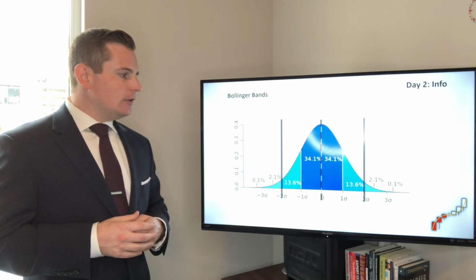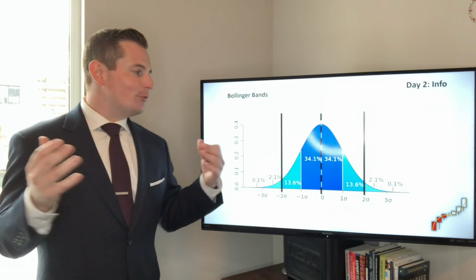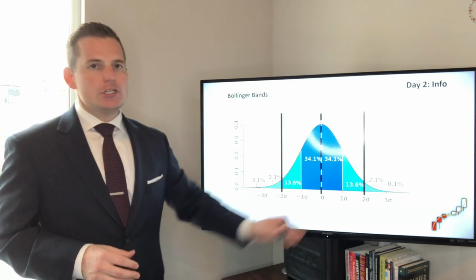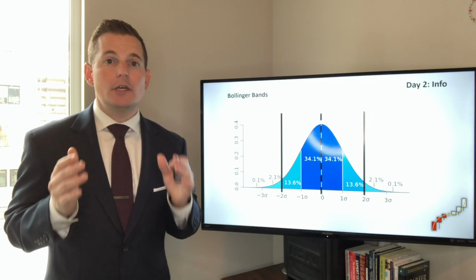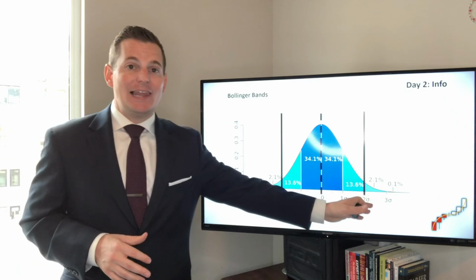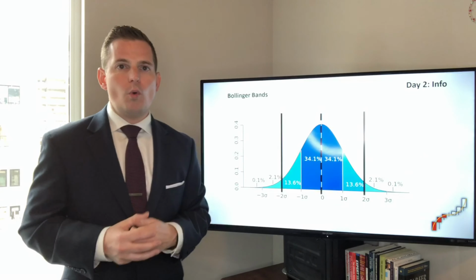So if you think about this on a chart, think about this average as being the 20 period moving average. And then the Bollinger Band lines are going to be 2 standard deviations away, okay?